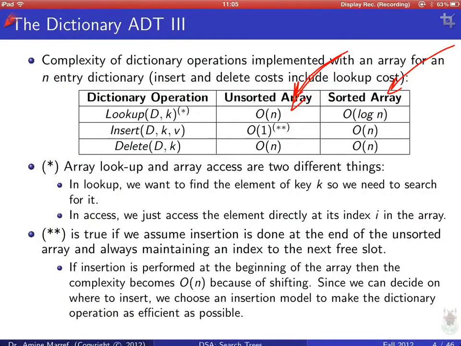Now delete. Okay. Here is another confusion for you. In lecture 3, when we looked at delete and insert, we looked at them as operations, and we did not account for the time that it takes us to reach the element to be deleted, because we were only considering the complexity of the exact operation.